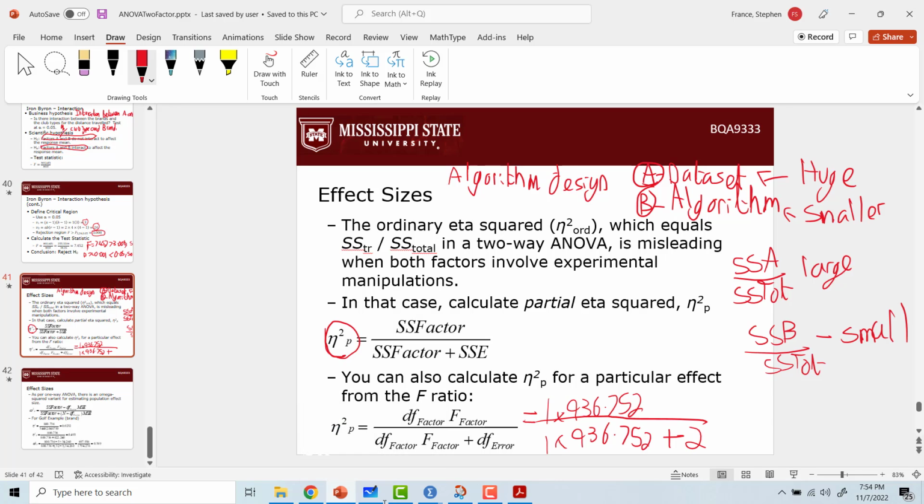So you can see this is very close to 1. And we're going to actually calculate it in a second.